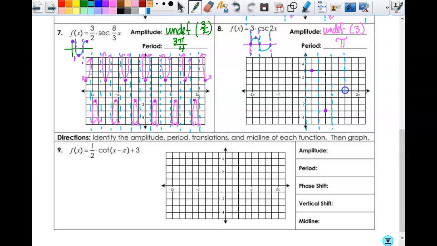Get in my asymptotes. Points. And then draw them in.